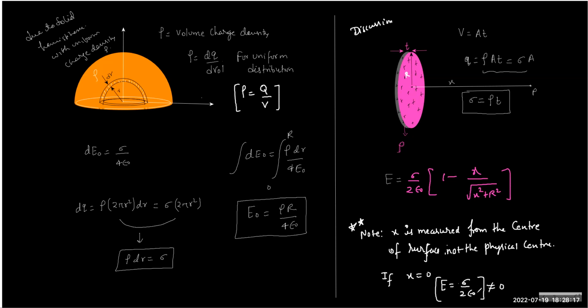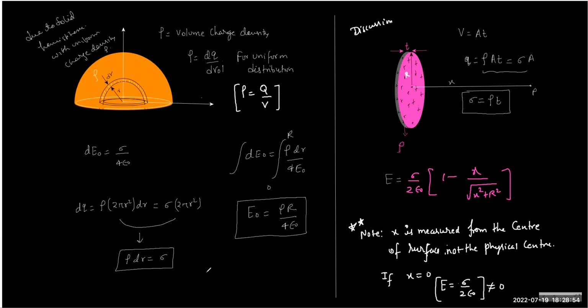Or maybe these are two sticky notes stuck together and you think it's one, but with careful observation you realize it's two, and you can tear them apart. So if you go exactly to the center, what do you expect? The field should be 0 or non-zero? 0. At the physical center, it cannot be non-zero. It must be 0, because the left disk and the right disk will cancel each other's field, and you are left with 0. Isn't it?